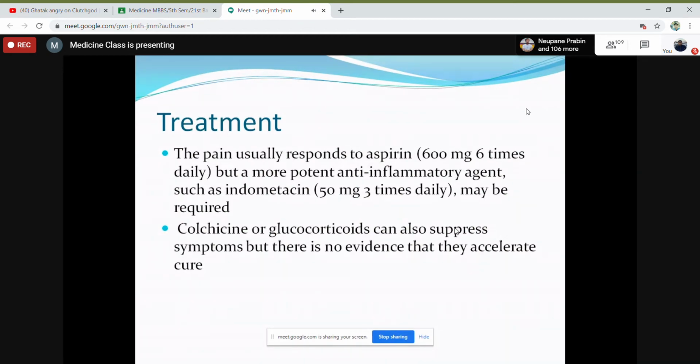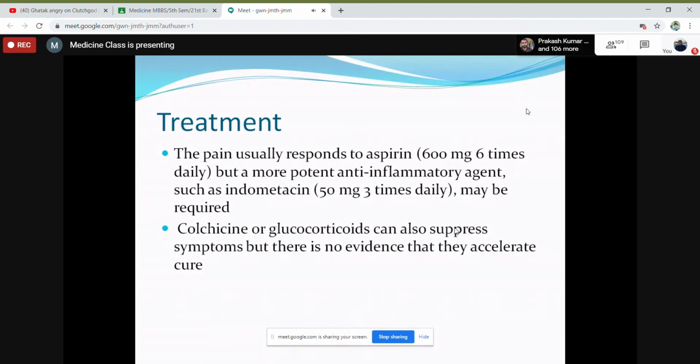The other medication that we can give in a patient who has acute pericarditis is glucocorticoid. Generally, we give prednisolone 1 mg per kg per day, which suppresses the symptoms in patients who fail therapy with anti-inflammatory drugs. But we have to be very careful when we are giving steroids, because there is a chance that it increases the risk of recurrence.